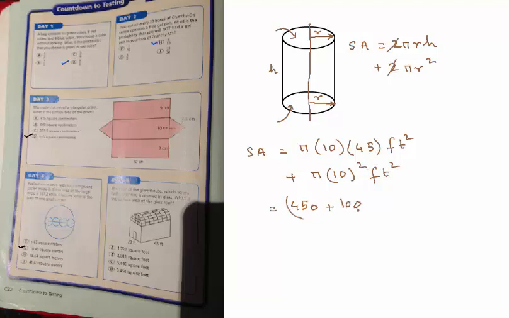So we have 450 and another 100 pi. So that's going to be 550 pi, and pi is, we all know, 3.14. So when we do this multiplication, that gives us the surface area in square feet. So this comes out to be 1727 square feet, and that obviously is option A.